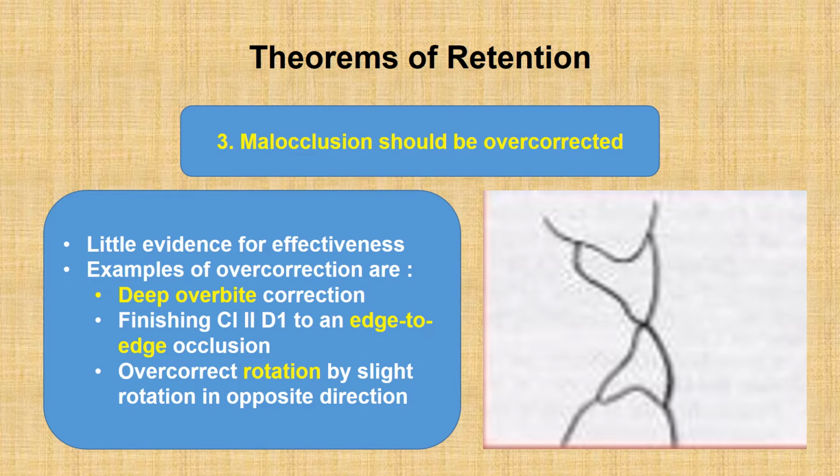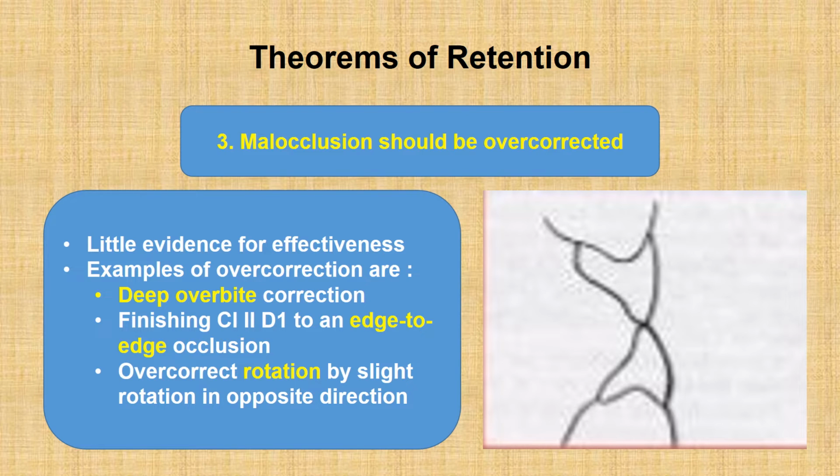Now the third theorem is that malocclusion should be overcorrected. There is little evidence for the effectiveness of overcorrection, but notwithstanding that, there are a few examples where some operators do overcorrection.